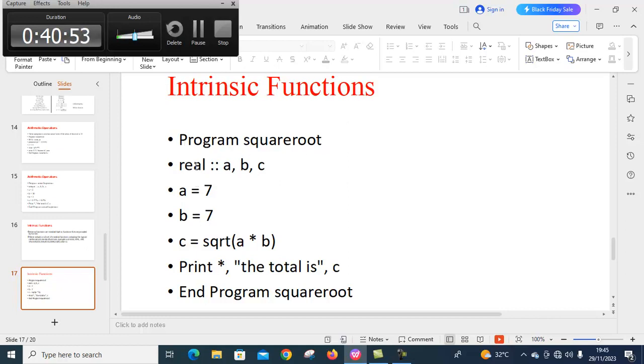It can only be declared as a real variable. The type of arguments and the type of result must be real.